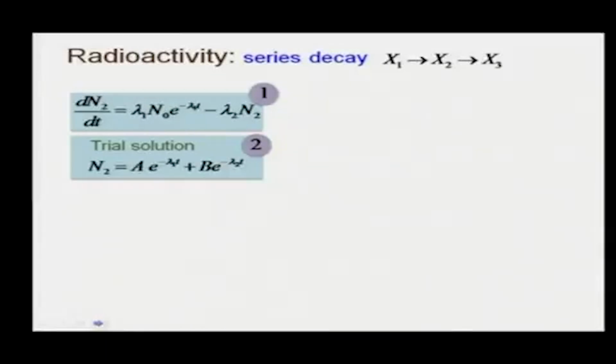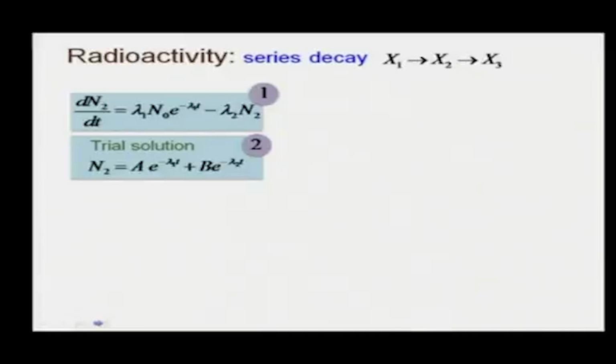Let us consider N2 equal to some constant A times exponential minus lambda 1 t, since it looks like from equation 1 that it has some term like exponential minus lambda 1 t, plus B exponential minus lambda 2 t.